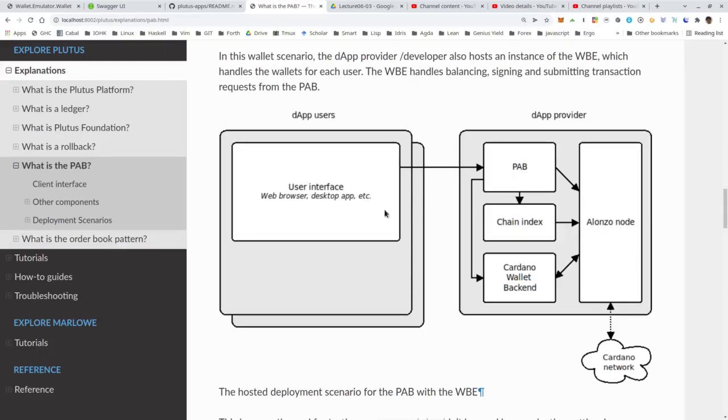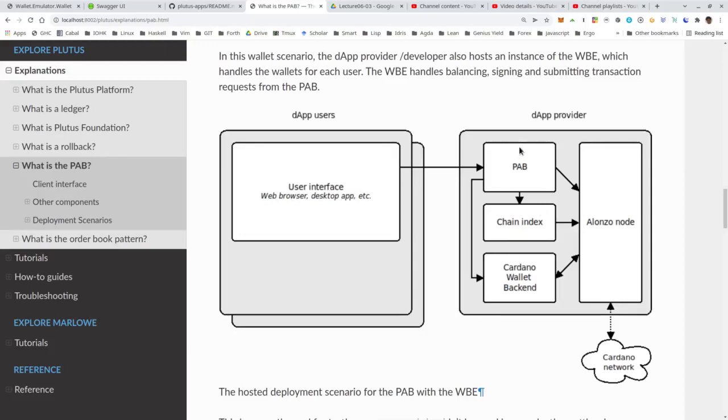And then you can interact with the PAB. So the PAB has a web interface, HTTP endpoints that are exposed, and then a DApp could interact with it by calling these endpoints. However, this scenario is not very realistic in the real world, because it's quite unfortunate that you need to give control of the wallet to the PAB.